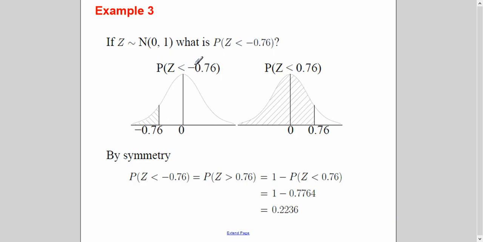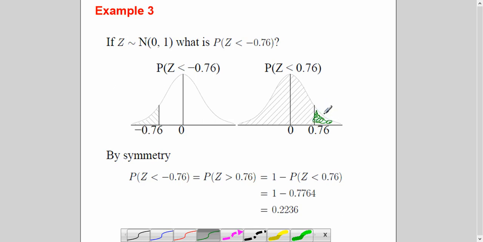Now when you see minus, you know it is on the left hand side of the central value because negative z is here. And it is saying less than, it means left hand side area. Now we don't have negative z in the table. So we use symmetry of it. And symmetry of this is actually this part, right? So to find out this part, I will do 1 minus this.